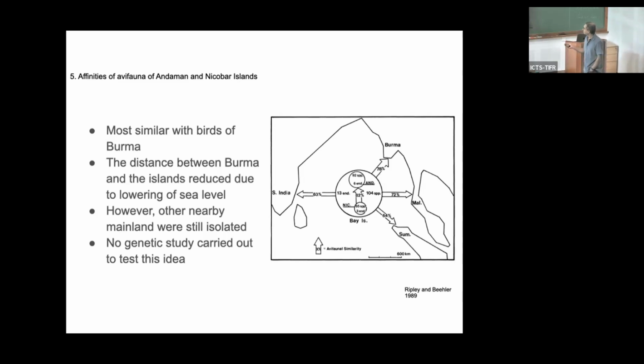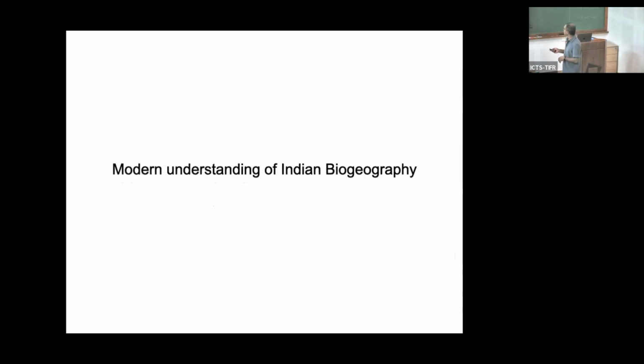So this is Ripley and Beehler who analyzed the birds of this area and tried to see in which direction the similarity is more. It turns out that there are shared species with all the directions. Supposedly, this answer can come only when you have genetic data from all of these areas, and then you can probably tell a little bit more.